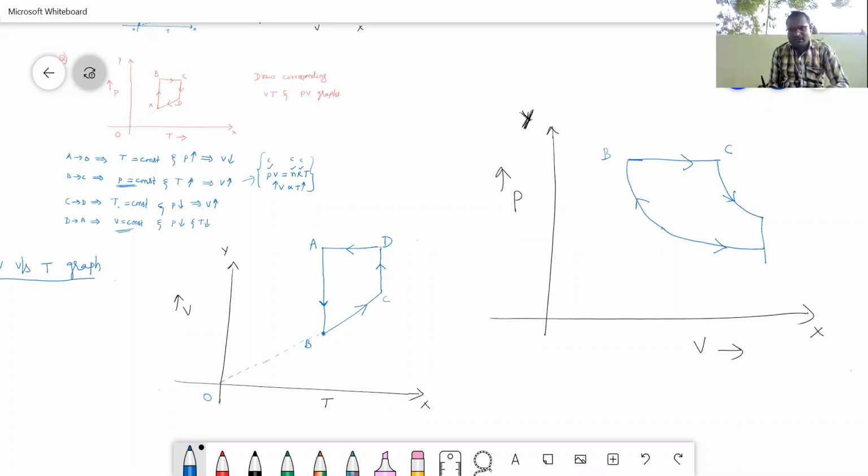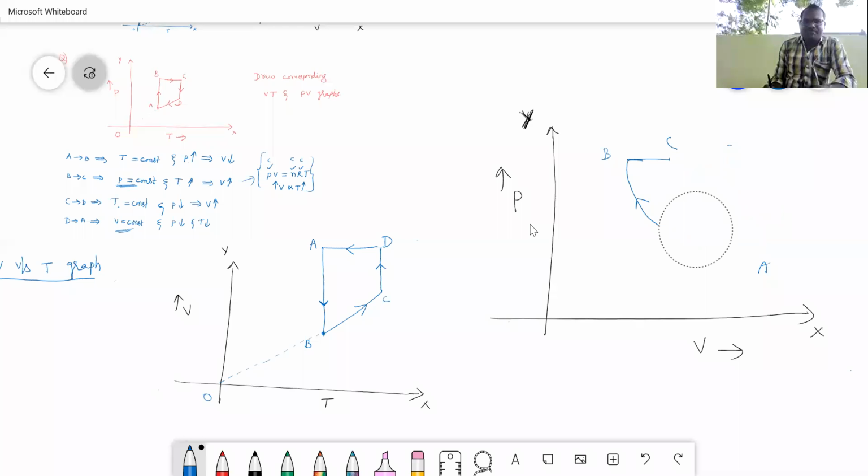Sorry, arrow mark should be upward. This is D, this is A. Yes. This will be your graph. If you want a perfect picture, you draw like this. Still, I'll draw it perfectly.